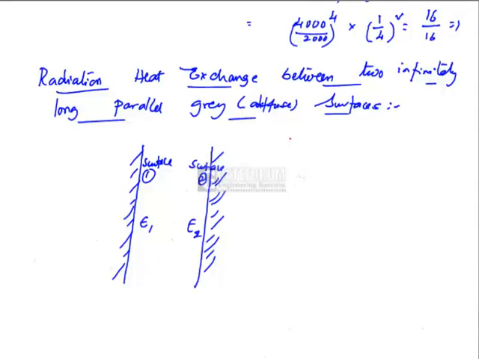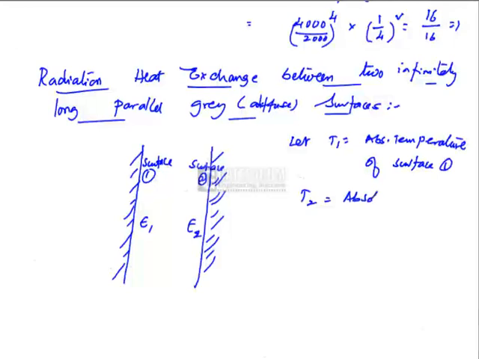Surface 1 is at temperature T1 K. Let T1 be the absolute temperature of surface 1 and T2 the absolute temperature of surface 2.